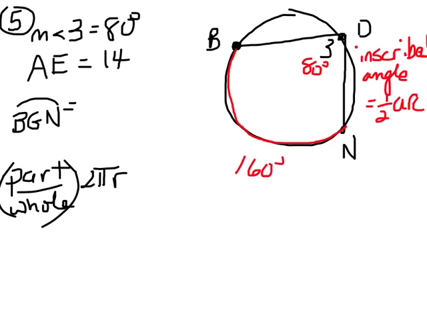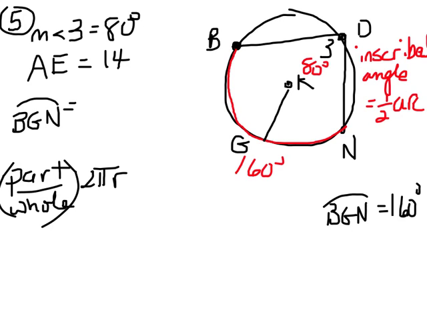Okay. So, let's see what else they tell us. BGN. Oh, guess what? Here's K. Let me go back to black as I draw the circle. Here's K. And G is kind of like down here. Now, we know that BGN was 160 degrees, so I'm going to write that down because I'm probably going to use that in a minute.